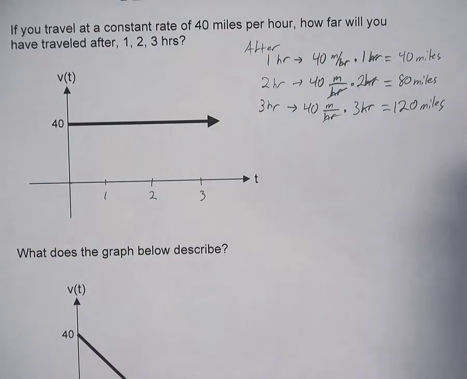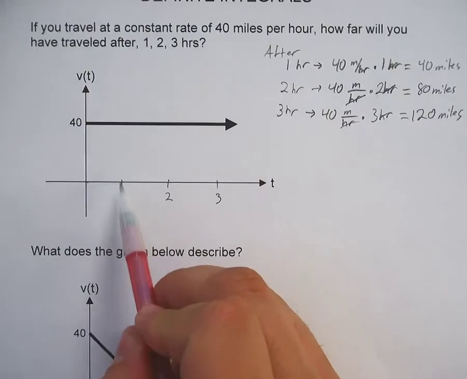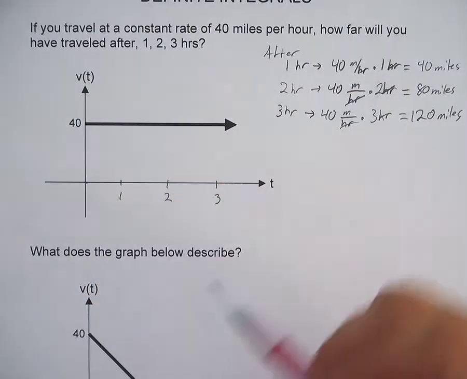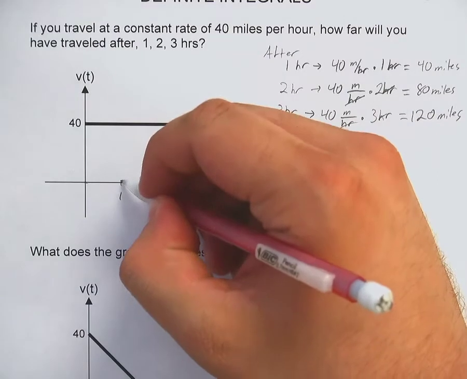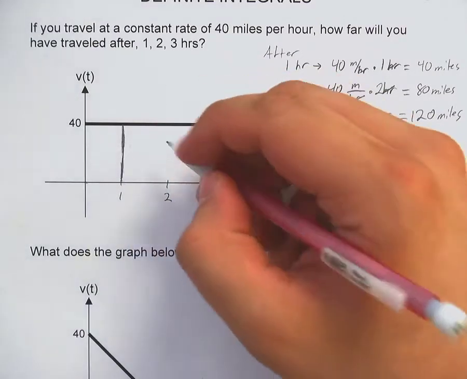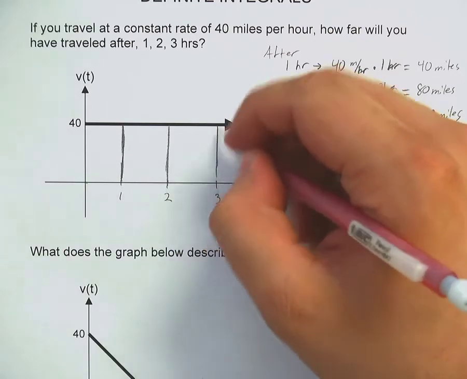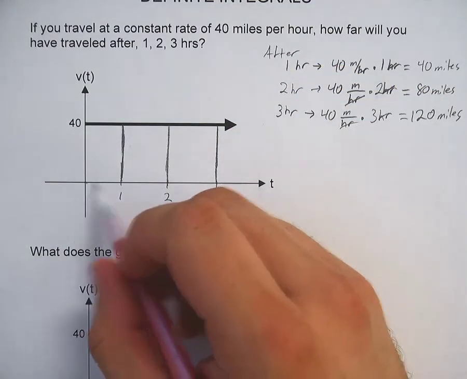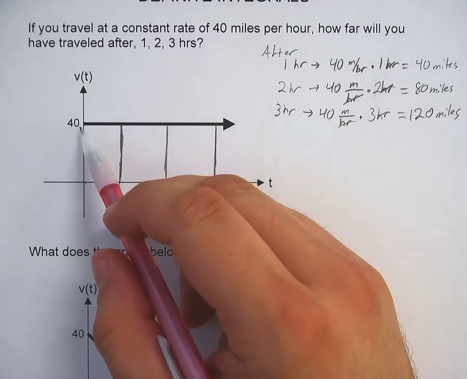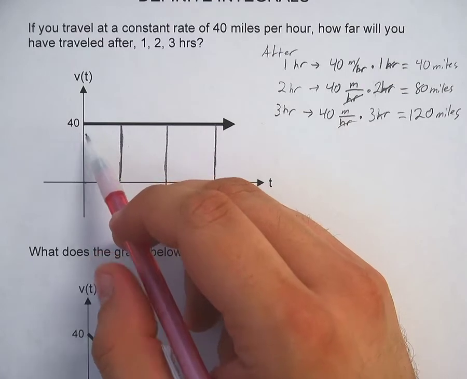Okay, now, this 40, this 80, this 120, if you're multiplying time times velocity, think about this from a geometry standpoint. If I cut this little piece of my graph up, 1 times 40 gives me 40, right?